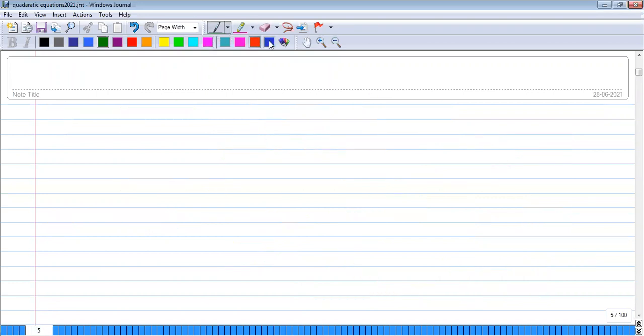Now let us move to the quadratic equation. This is our concept. Quadratic equation.